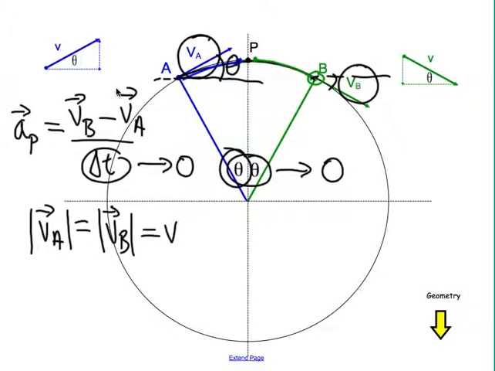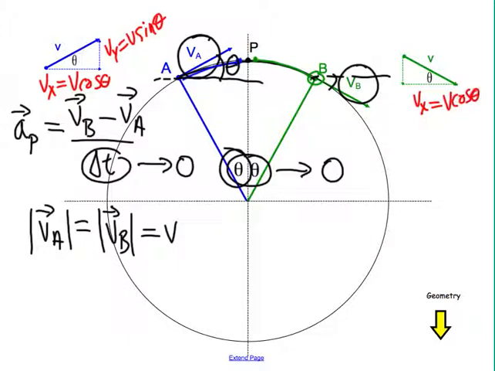Let's just get rid of that circle right there. And for A, the velocity in the x direction is just going to equal v cosine theta, and the velocity in the y direction is just going to be v sine theta. That's the geometry for A. The geometry for B is exactly the same. The only difference is the velocity in the x direction is the same, v cosine theta.